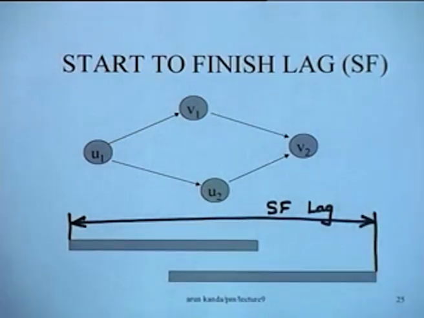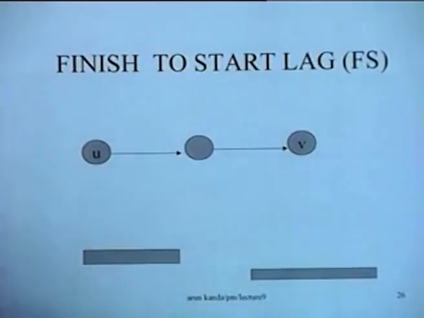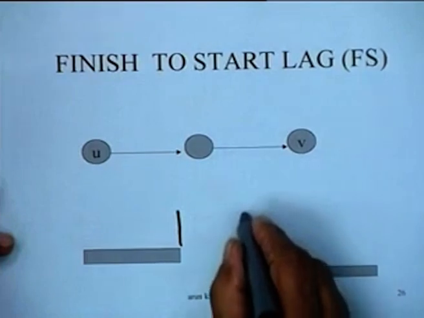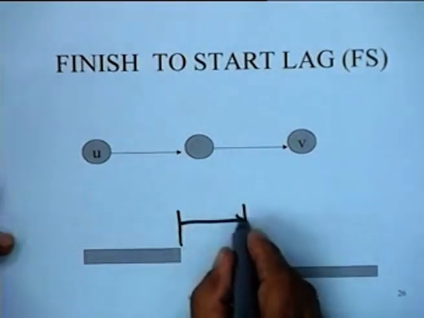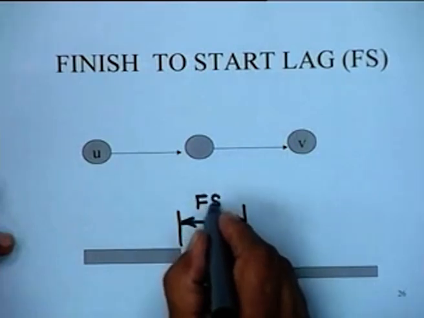And we can have the other, finish to start lag. That is what we conventionally use in AON networks. From the finish of this activity to the start of this activity, this particular interval of time could be specified as a finish to start lag.